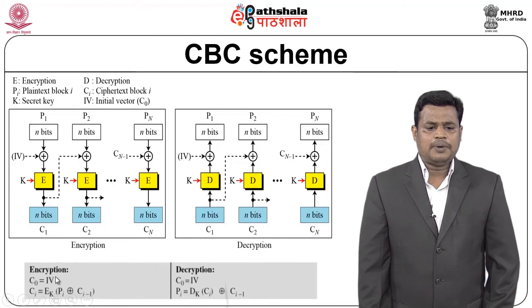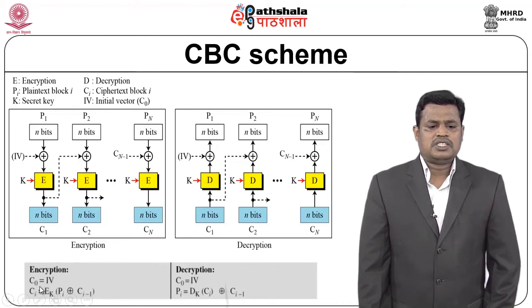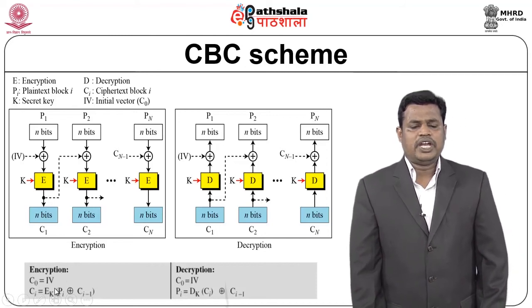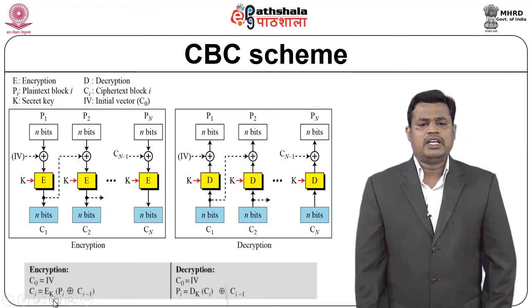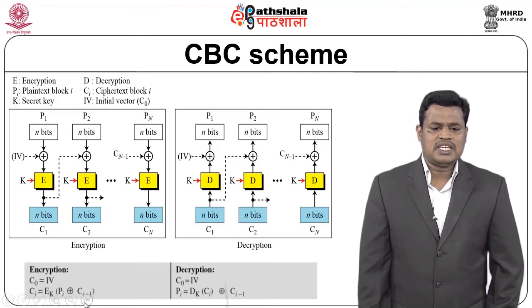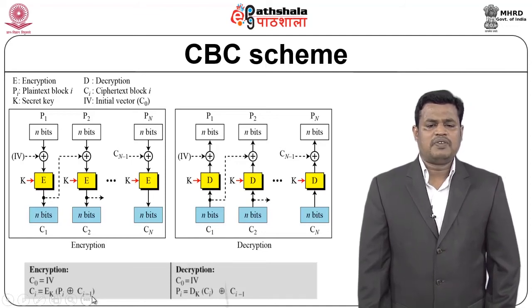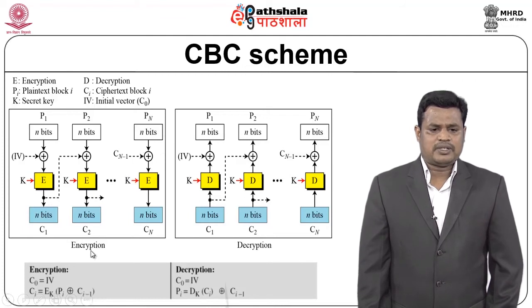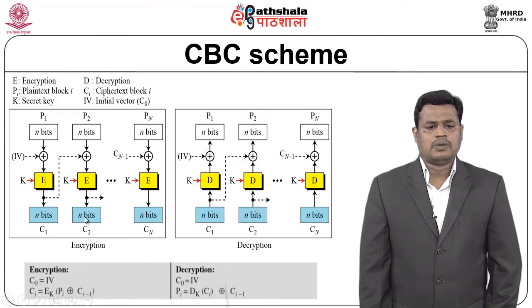In the encryption process, C0 is equal to the initial vector, and Ci, apart from EK(Pi), also takes the previous ciphertext Ci-1 as one component of the input for the next block.